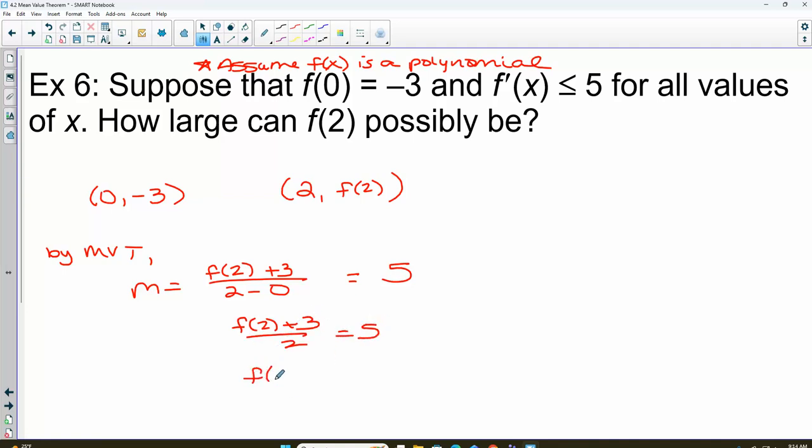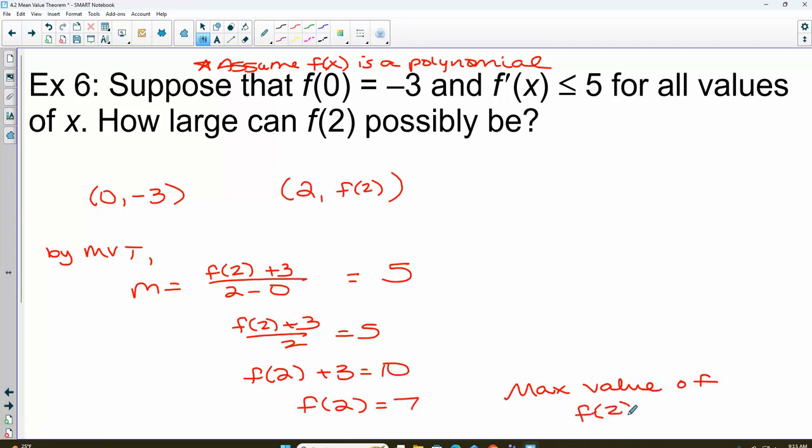So if I solve that, the maximum value of f of 2 is 7. If that y is anything above 7, then my derivative turns out to be bigger than 5 there.